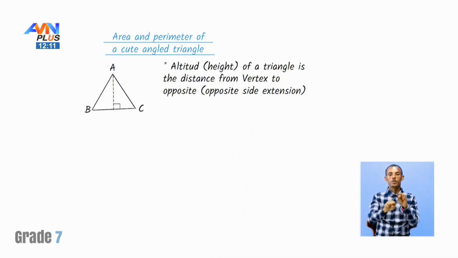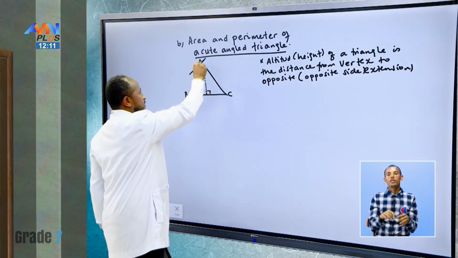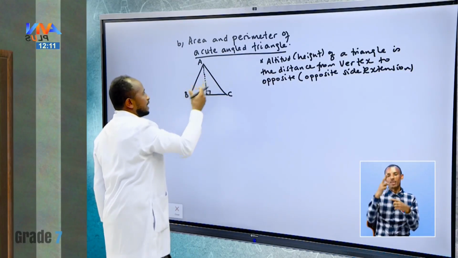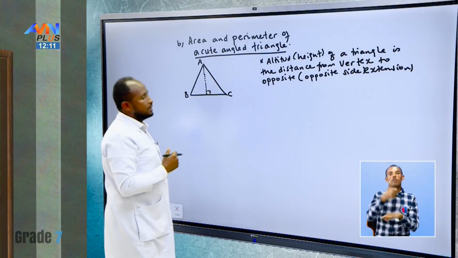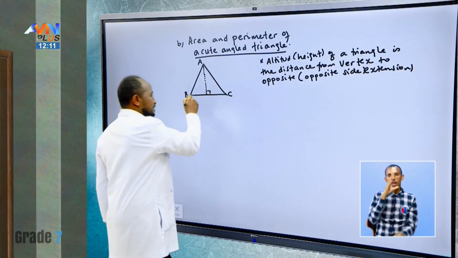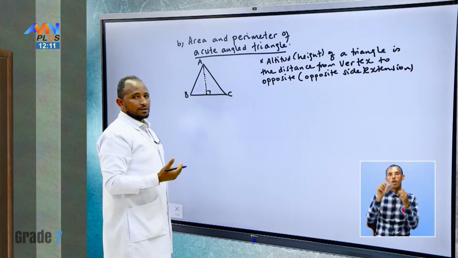So the perpendicular distance from vertex to opposite side, we call it the height of that triangle or altitude. And this one is called the base in that case.